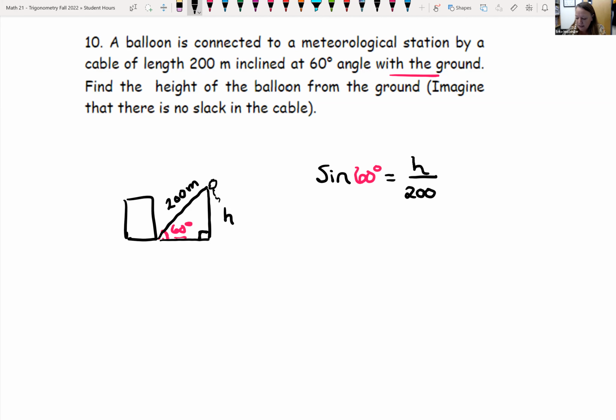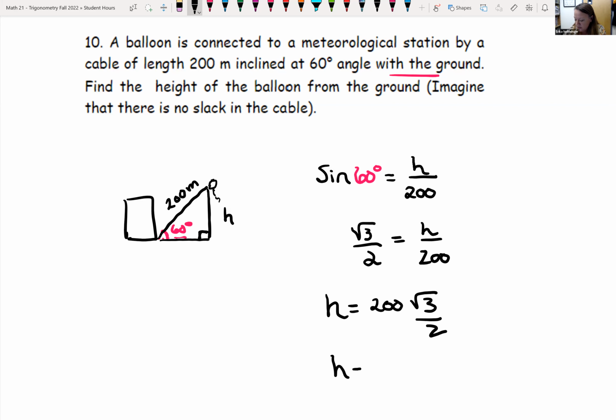Sine of 60 degrees, that's root 3 over 2, is equal to h over 200. So multiplying both sides by 200, 200 times root 3 over 2 equals h. 2 goes into 200 100 times, so we get h is 100 root 3 meters.